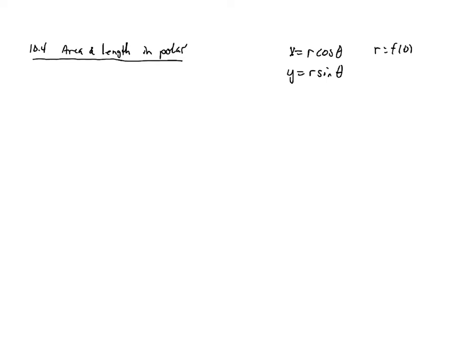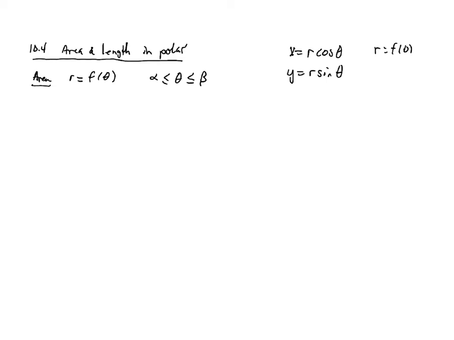So the basic picture for area looks like this. You have some region r equals f of theta in a range of theta values.